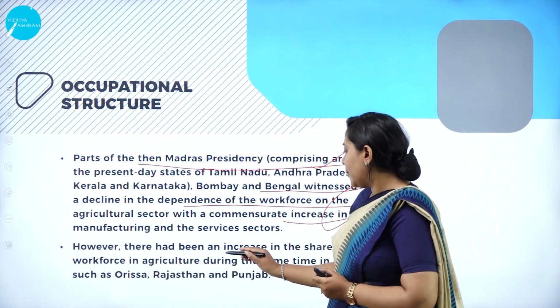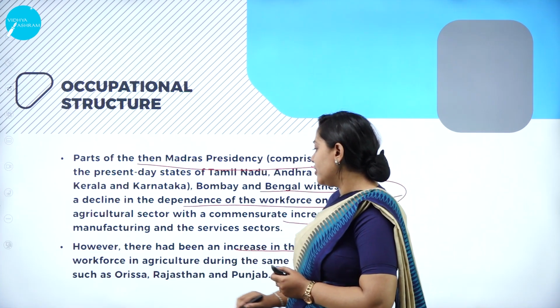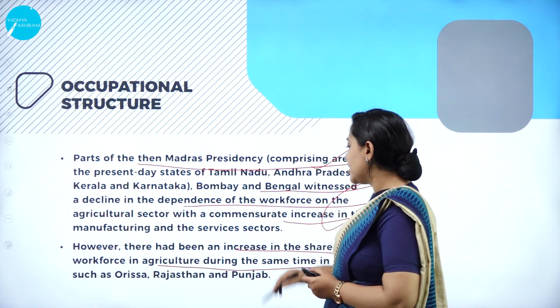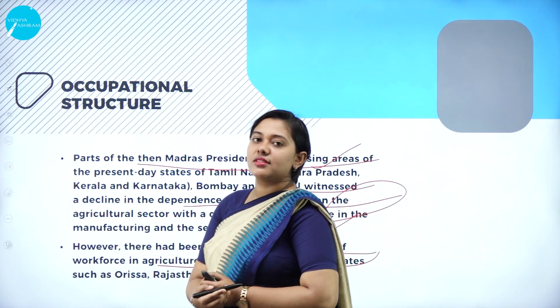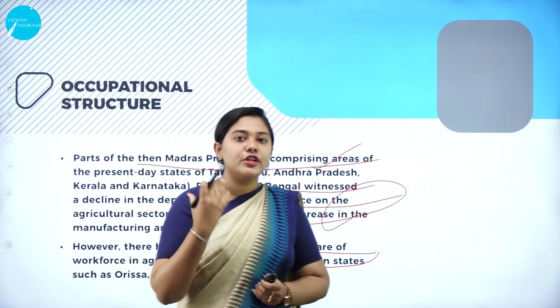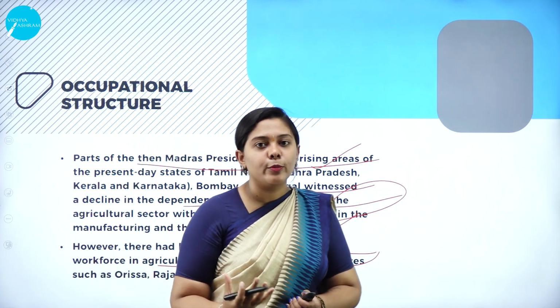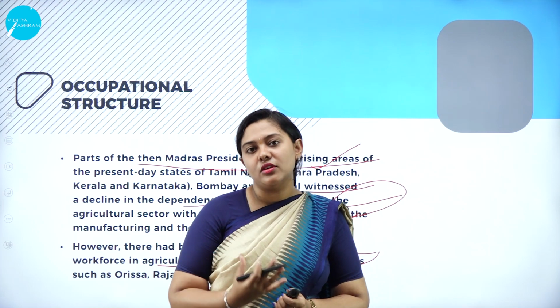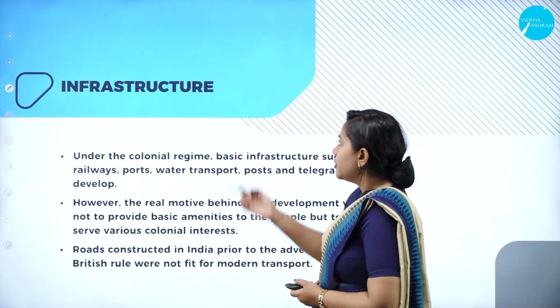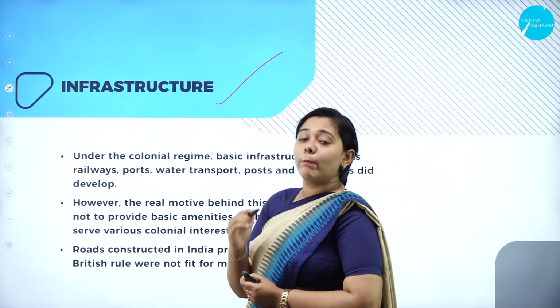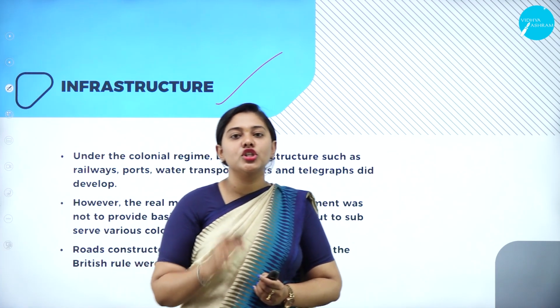However, there had been an increase in the share of workforce in agriculture during the same time in different states. In different states, we can see different people coming for occupation, that is for the manufacturing and the service sector. Moving forward, next topic that we are discussing is infrastructure.